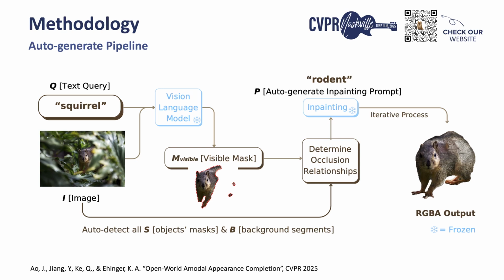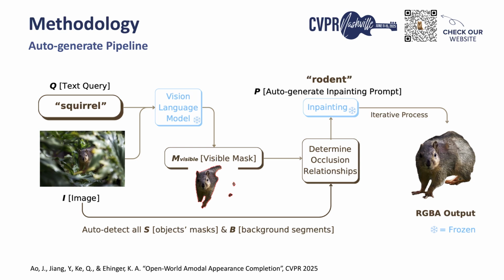To do this, our data generation pipeline starts by detecting all objects and background segments in the image. We then analyze the occlusion relationship between these segments and the query object. This step is crucial because it helps the system understand which parts of the object are missing due to occlusions.